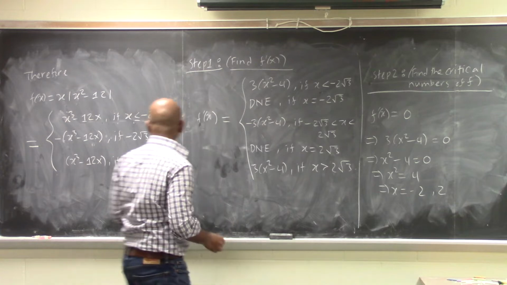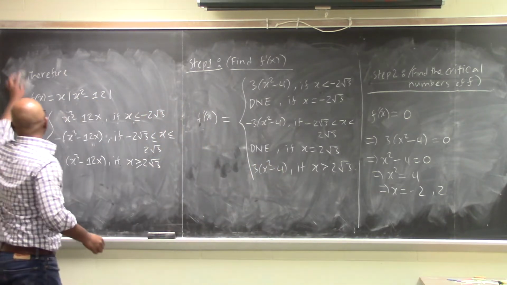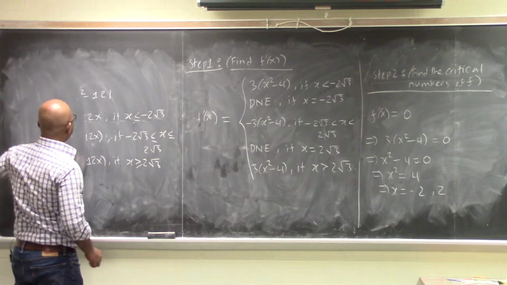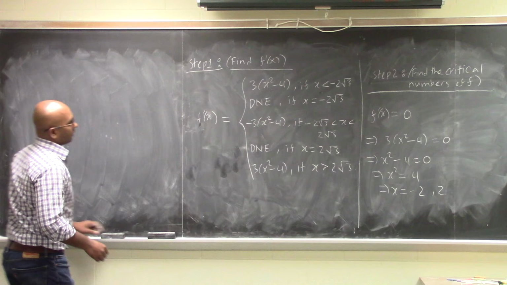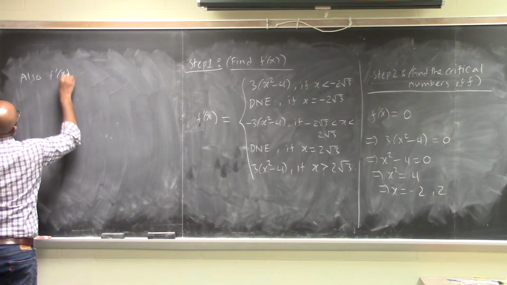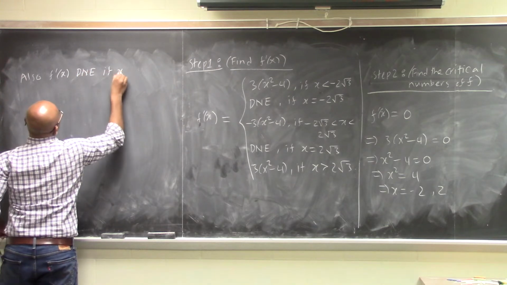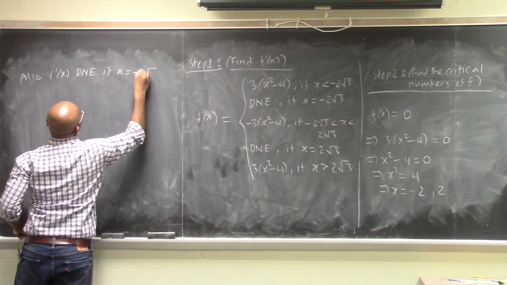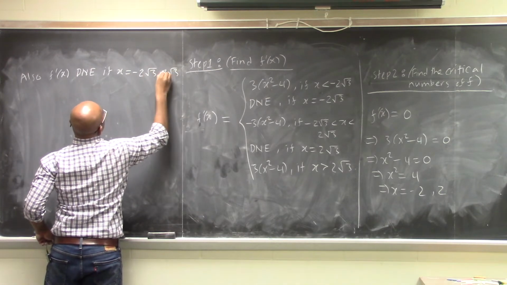Okay. But also f prime of x does not exist if x equals negative 2 root 3 and positive 2 root 3. Okay.